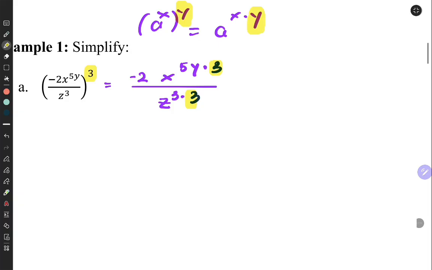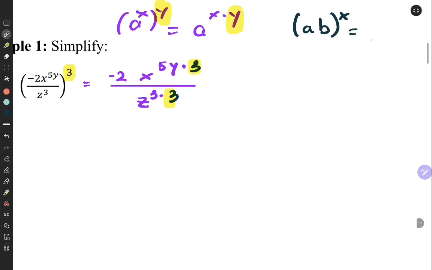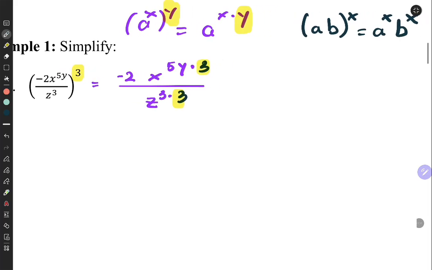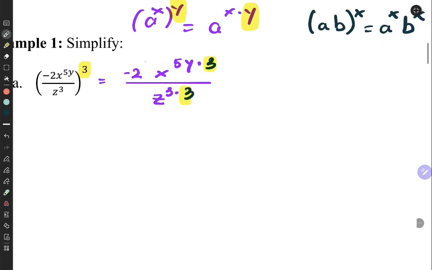Exponent, multiply them. The 2. I heard somebody say 2. Yes. The exponent 3 goes inside here.